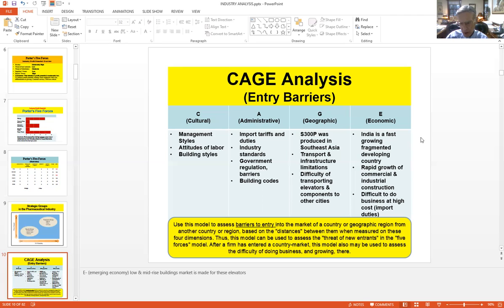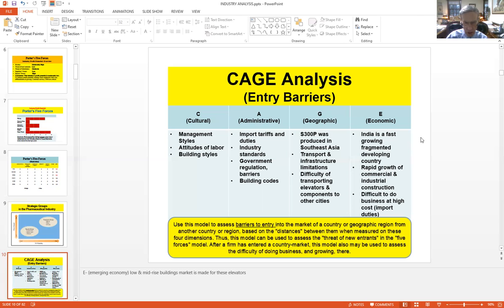Economic differences don't deal just with the GDP, but how big the economy is, how fast it's growing, how fragmented it might be, what the GDP per capita is, what the relative consumption potential of the economy is.